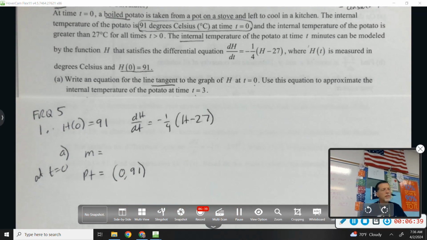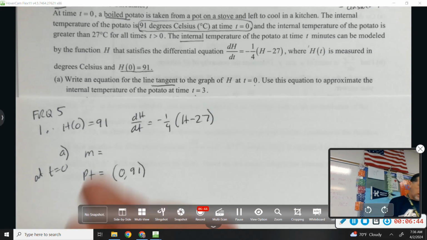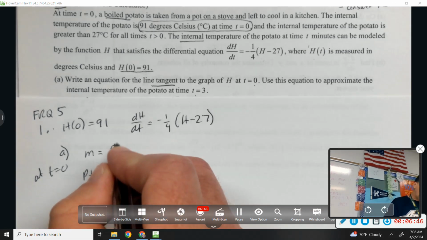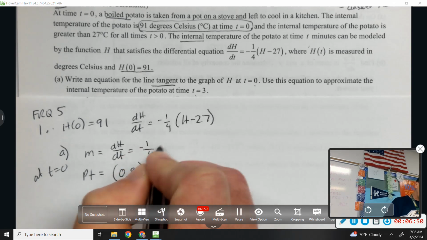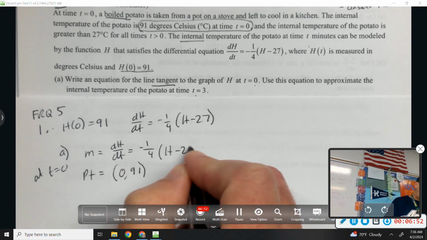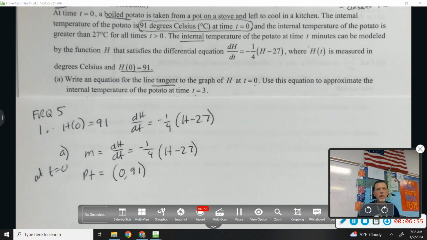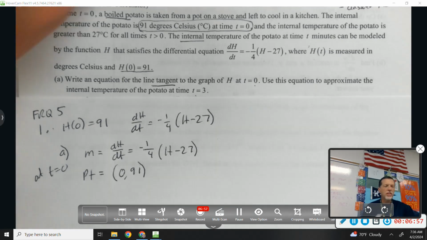There's my point. And my slope is dH/dt, which is negative 1/4 (H minus 27). So do I know what H is? 91.